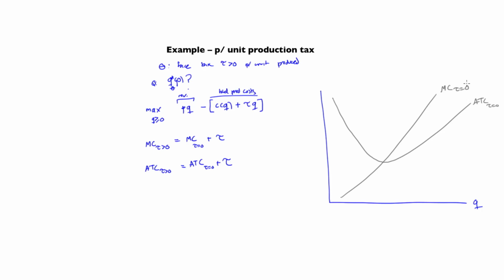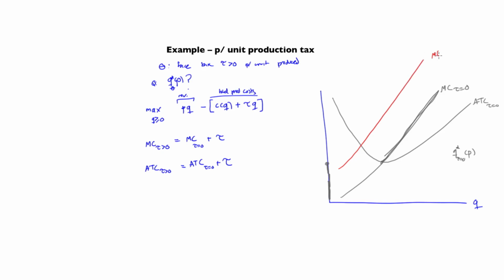And we had that the supply function was given by this, from all that we have derived before. That is Q star, I'm going to denote by tau equals 0, of P. Now what happens when we introduce the tax? I'm going to draw that in red. What happens is that the marginal cost curve has shifted up by tau everywhere.